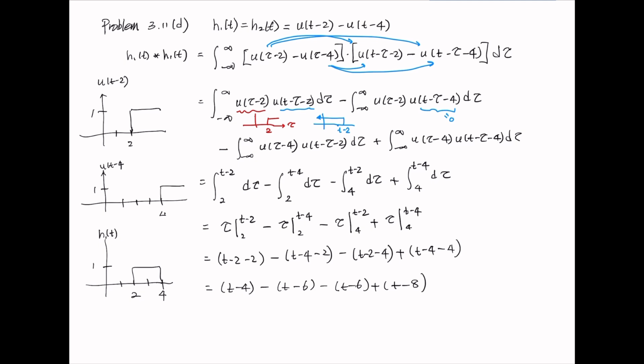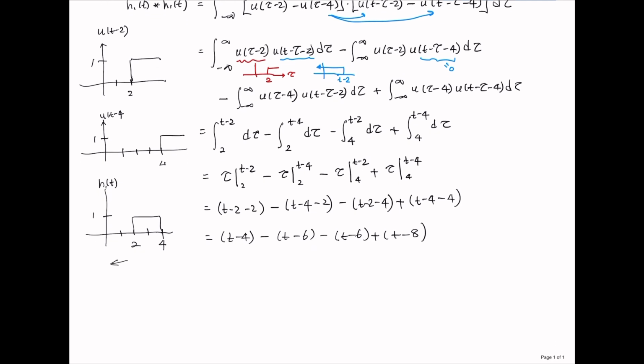We're doing the convolution of h1 of t and h1 of t, so t cannot be less than a certain value. If t is, let's say, less than 4 for the first term, then we are getting a negative number. So the correct answer should be that we need to multiply u of t minus 4 by t minus 4.